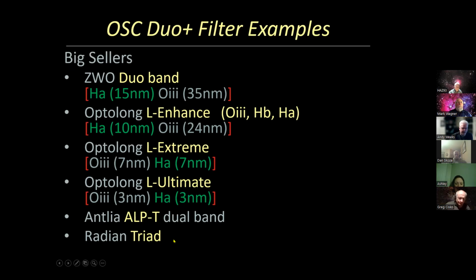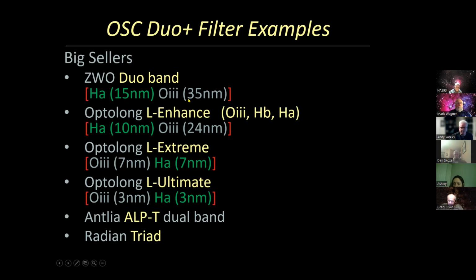But the Radiant Triad is taking in 3 bands: the oxygen 3, the HA, plus the sulfur. But this thing costs like $1,000. So, okay, the ZWO is much, much cheaper than these other guys. And the reason why is this.